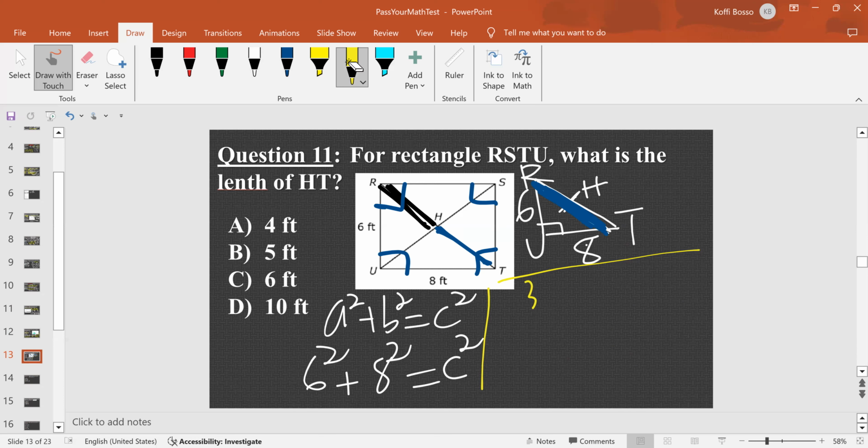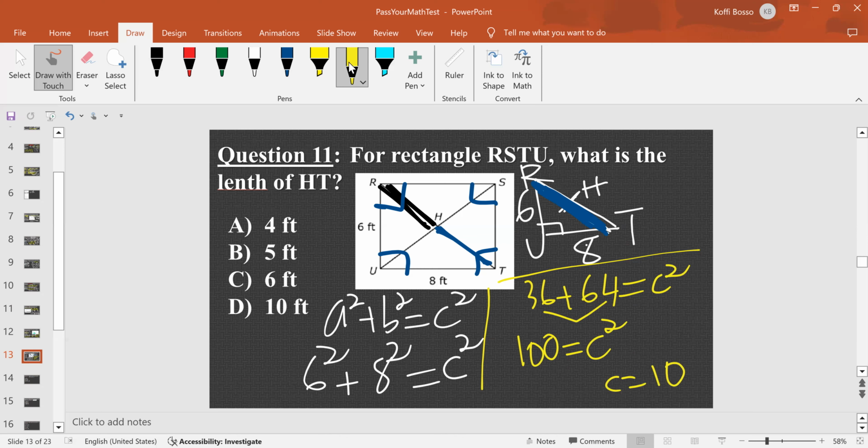It is 36 plus 64, which is 8 squared, equal to C squared. If you add 36 plus 64, this is 100 equals C squared. So therefore, C is 10 because a number raised to a second power that gives you 100 means that number is 10. So C is 10.